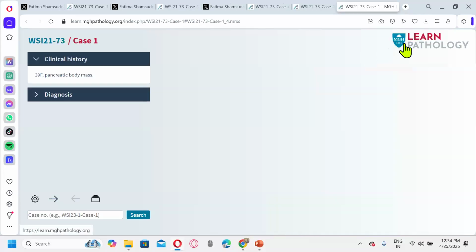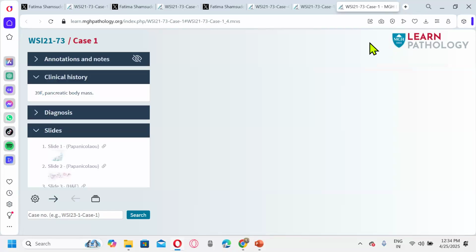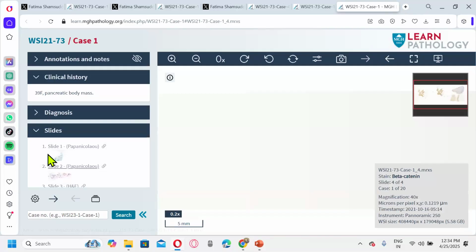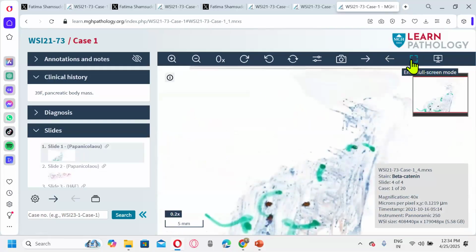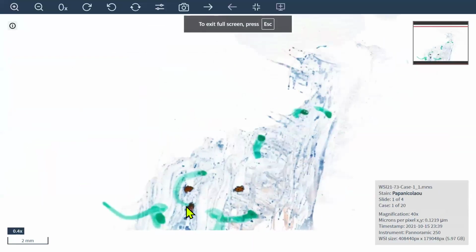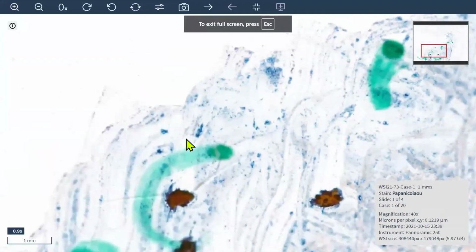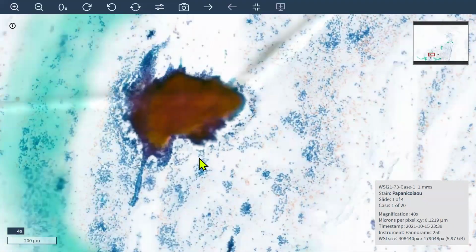So, next quiz. Let's see who says the diagnosis first. What is the diagnosis in this case?